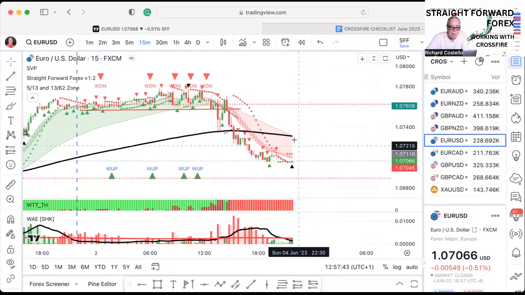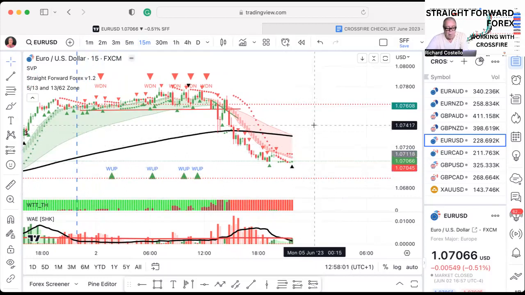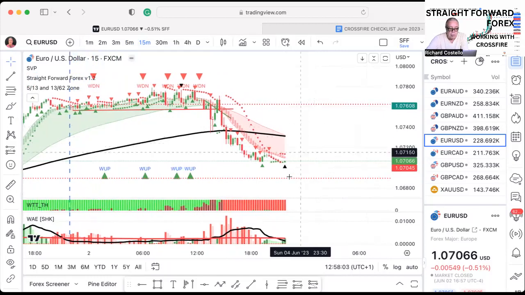Now, that's the end of Friday's trading, so we've got no idea which way price is going to go on Monday morning when the market opens, but it could well just pop down there and take out that point of control. I'm not in favor of leaving trades running over the weekend, by the way, but I'm just using this as an example. Price will at some point come back and revisit this line.